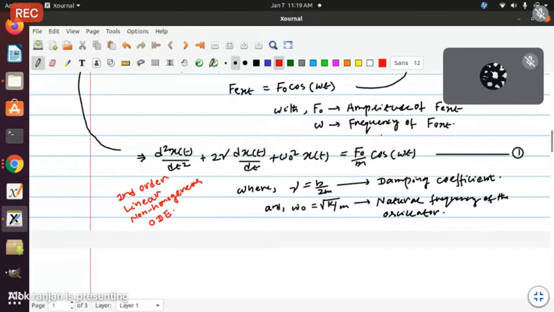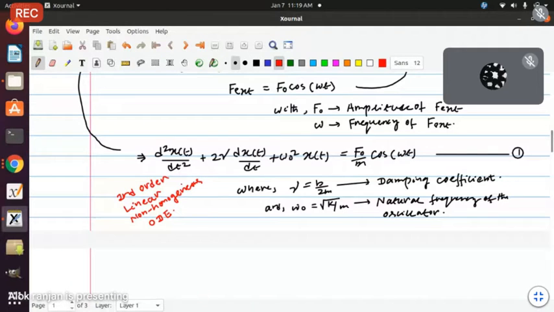Linear means the derivatives should be free from higher order powers. For example, you should not have the square or cube of dx(t) over dt. So the equation is free from higher order powers, and therefore it is called linear.